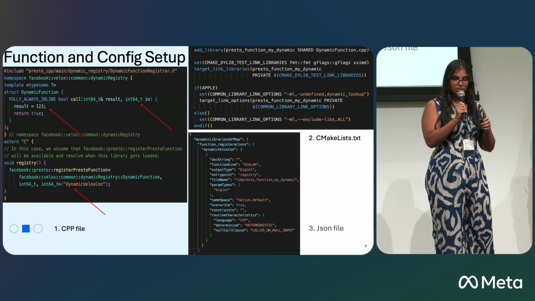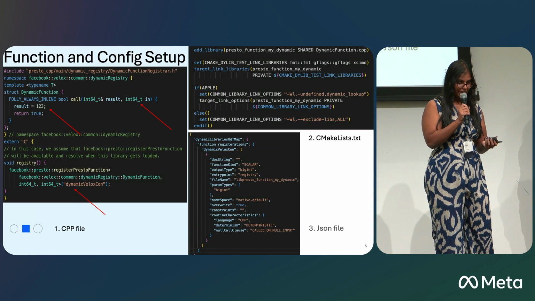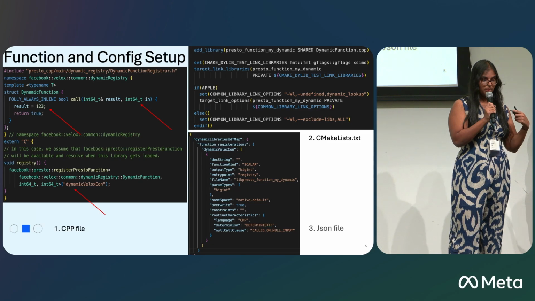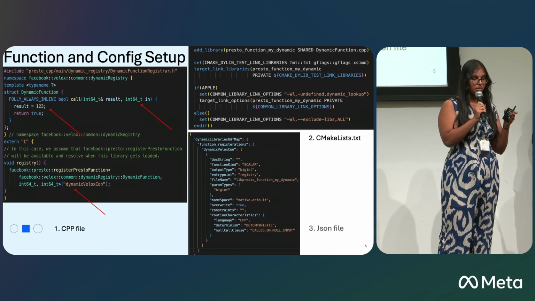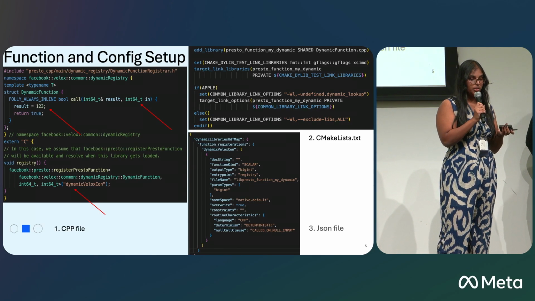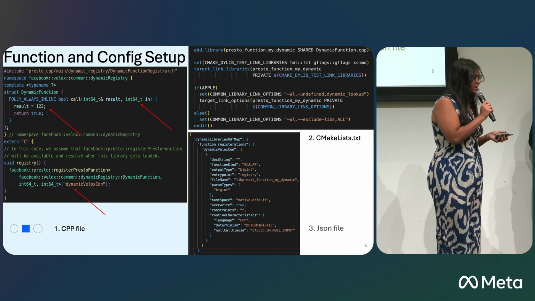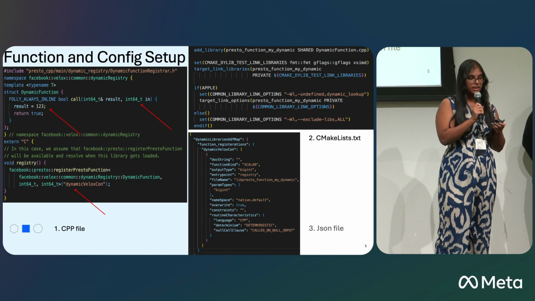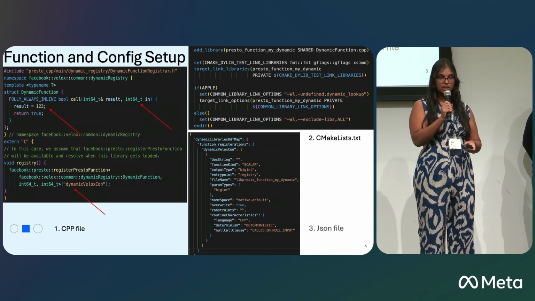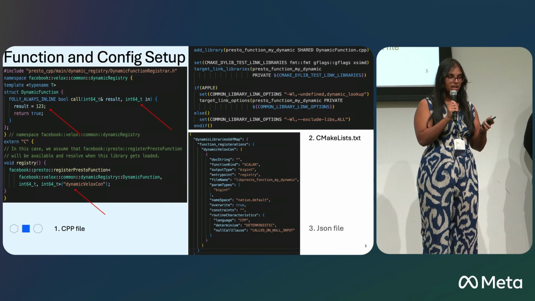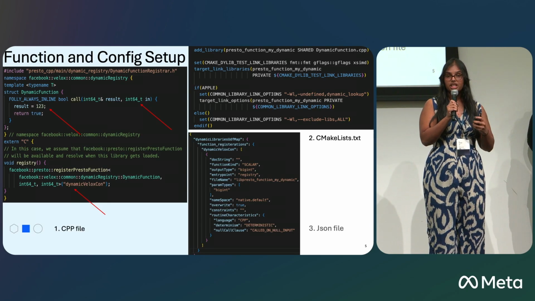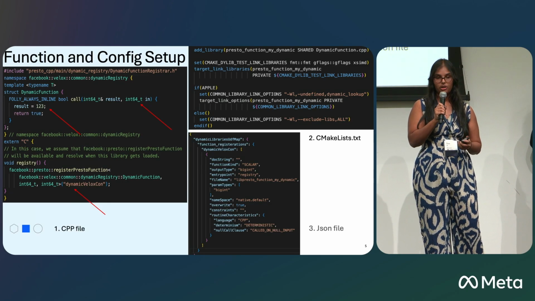Similarly, I see inputs and outputs, which you can write according to whatever types you want, whatever you would like that to look like. At the very bottom, the bottom arrow over there, there's a register Presto function. In there, you can find the name of the function. So the important thing to note here is that everything else is boilerplate code, and we want your implementation to be the only thing that you're worrying about right now.